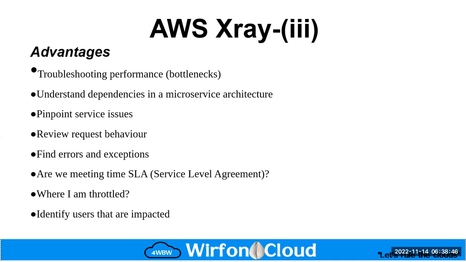Like if you had indicated that your application will be running 100%, you might realize that based on the agreement, it's not really running as it should be, as per the service agreement. And where your application is throttled, it can also identify that, and it identifies users that are impacted by what is happening within your application.